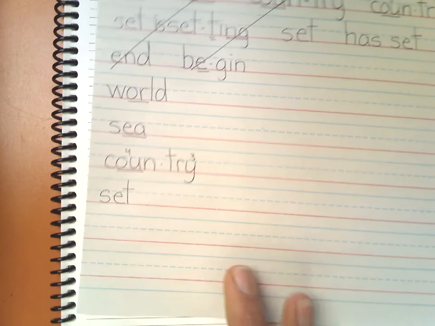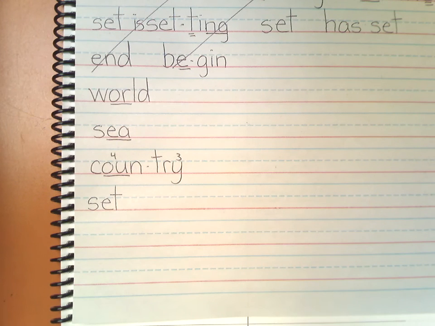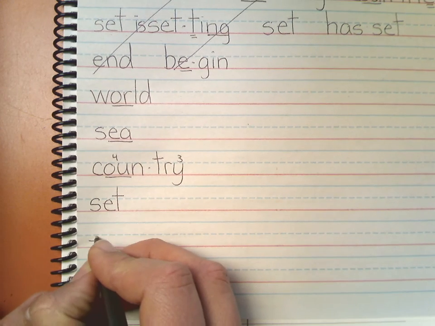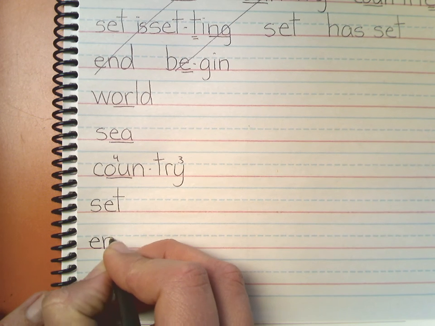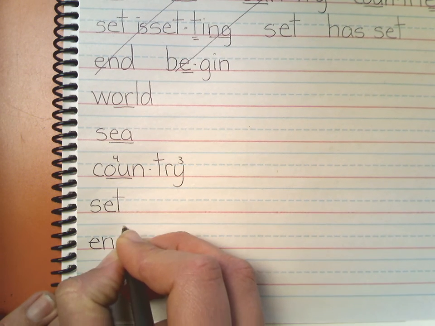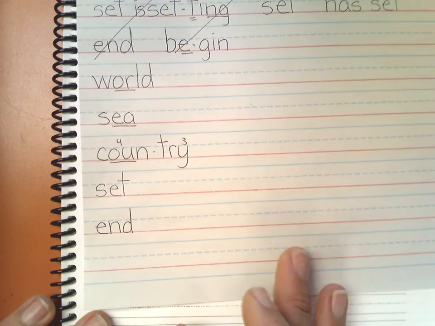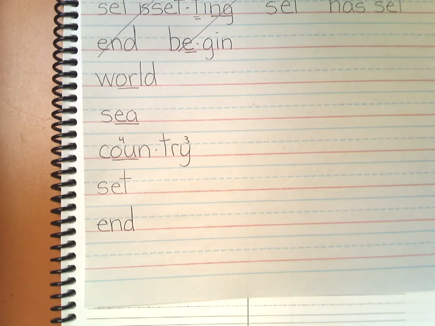We just need to write the sounds and say them while we write them. Nothing to mark. All right, and the last word for today is list. So go ahead and write that and mark it.